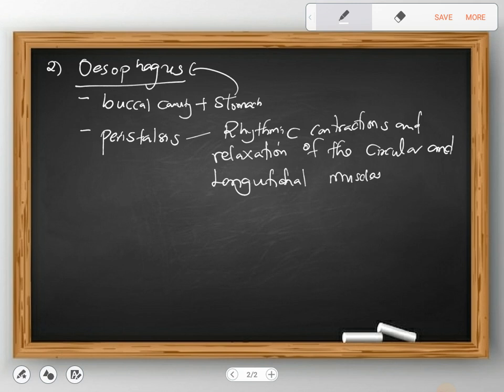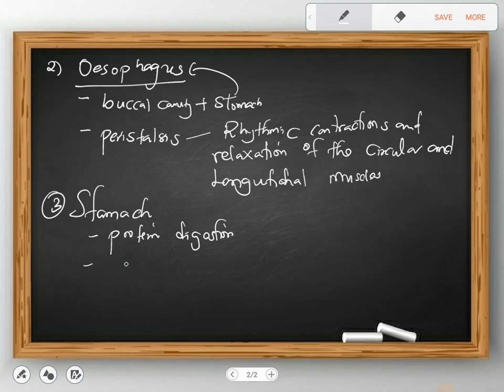All right. So then you have the stomach. This is where much of the protein digestion occurs. There's also production of gastric juice. Gastric juice is produced here.